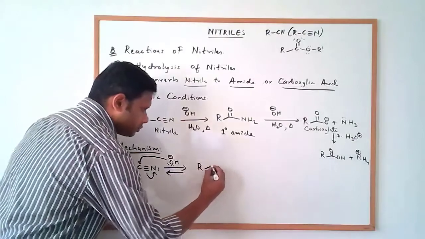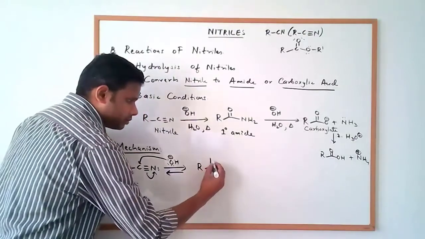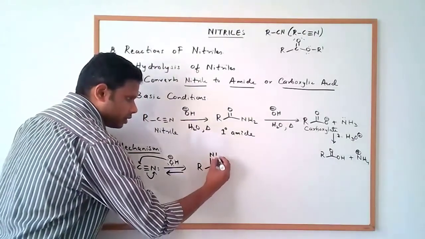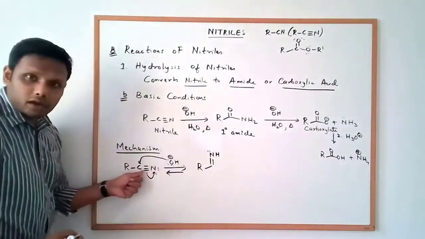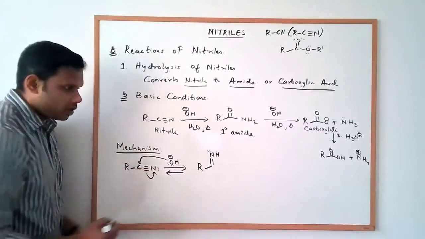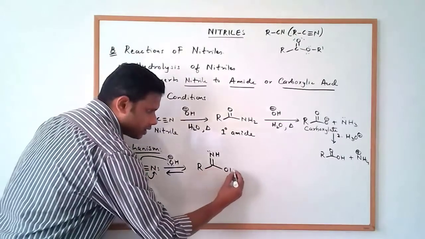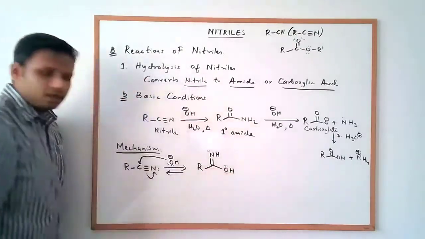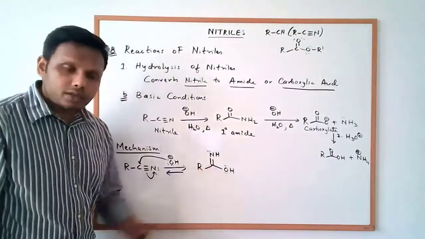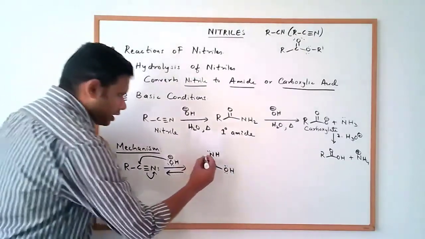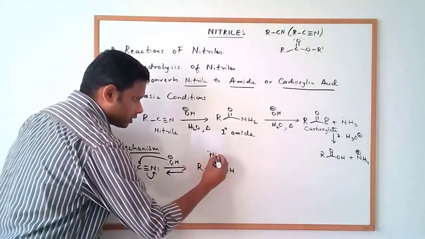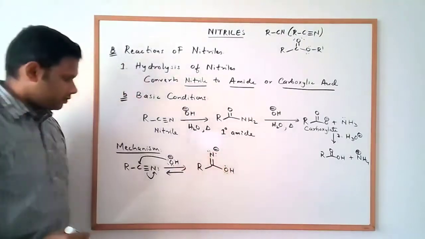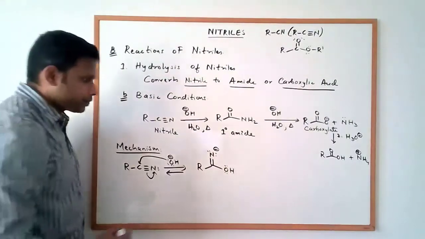This is going to bring us to the next intermediate, where we have a double bond between the nitrile nitrogen and the carbon. This carbon has a hydroxyl group bonded to it. And this nitrogen does not have a hydrogen, but it should have a negative charge on it.